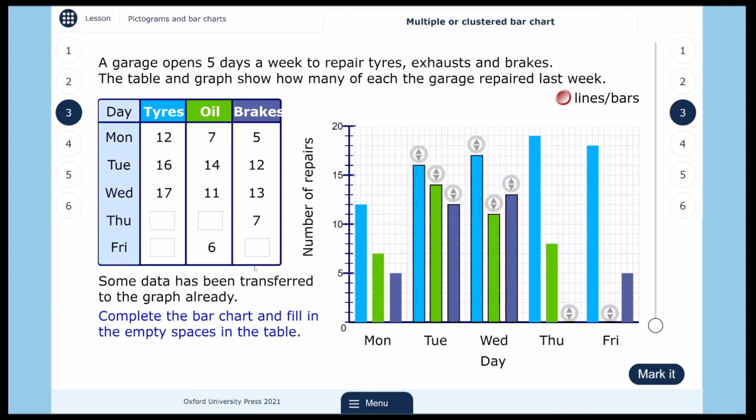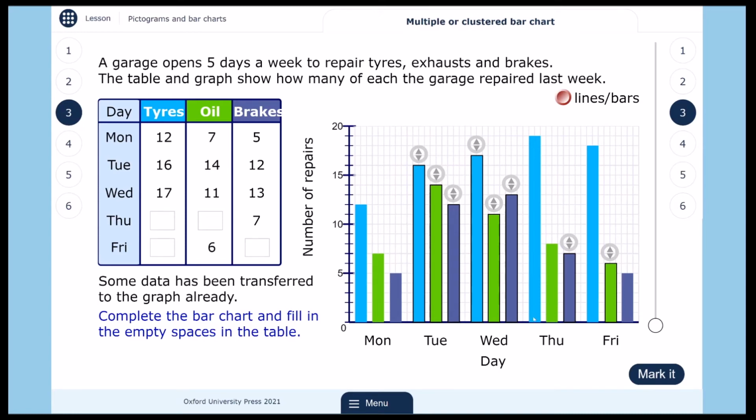For Thursday, I can see that brakes was 7, meaning my third bar needs to go up to 7. And on Friday, the value for oil is 6, so my second bar needs to go up to 6, like so. Now that my dual bar chart is complete, I can use it to find the missing data from my table.